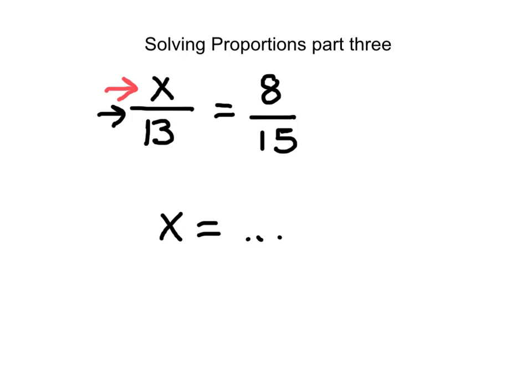So x is being divided by 13. If I want to undo the division, I would do the reverse operation of division. What would that be? That's right, it would be multiplication. So what I want to do here to get x by itself is called undoing division.